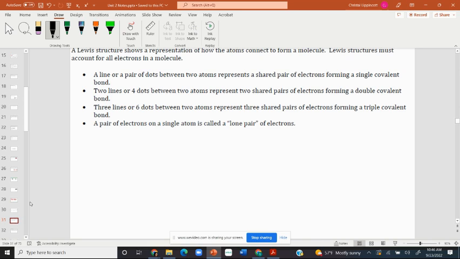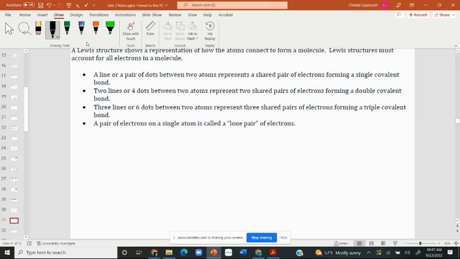A Lewis structure shows a representation of how the atoms connect to form a molecule. We have to account for all the electrons in the molecule, and we can't bring extras in unless we have an ion. Like our polyatomic ions, we can have an extra because it has a charge.